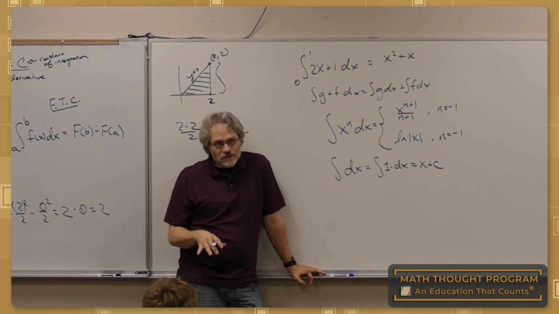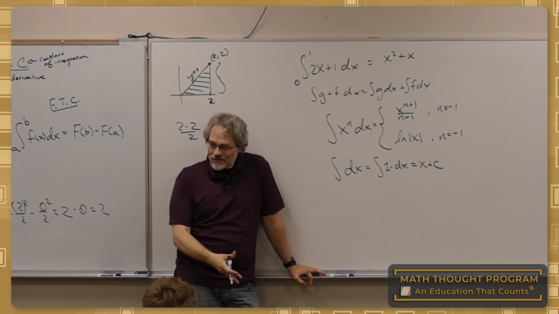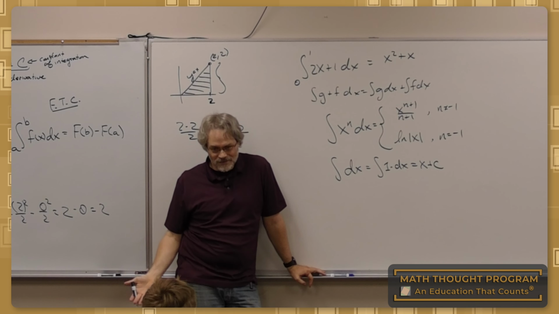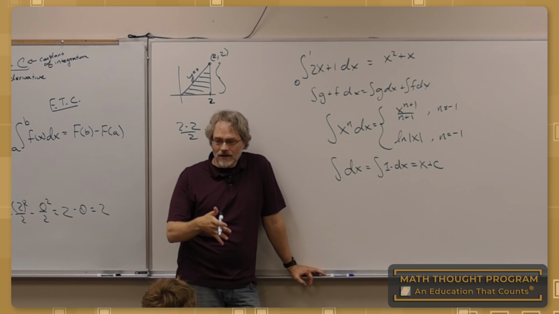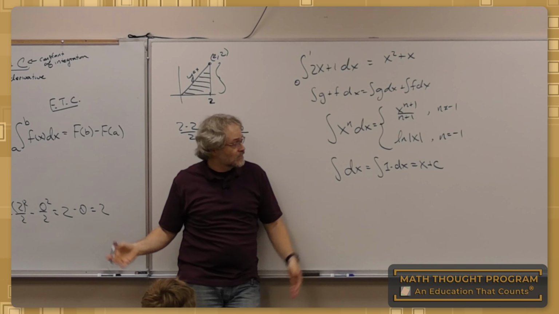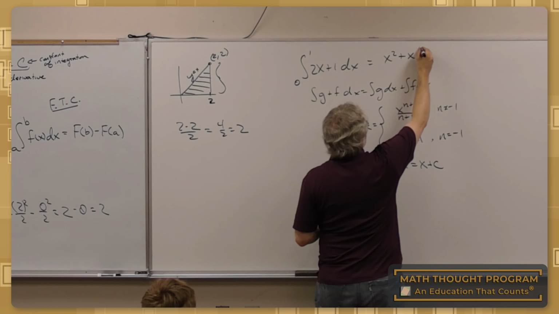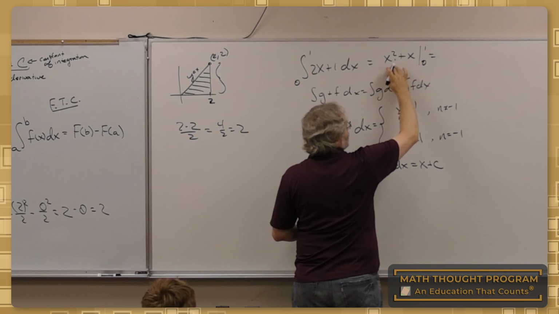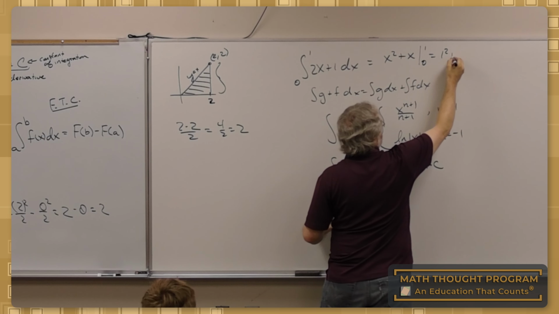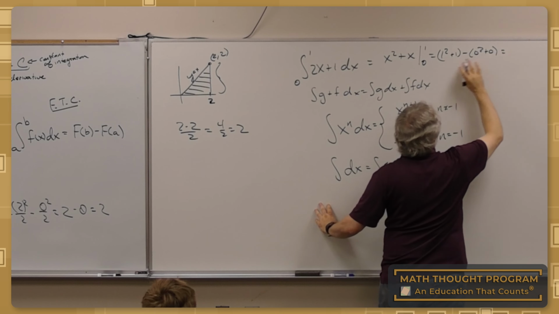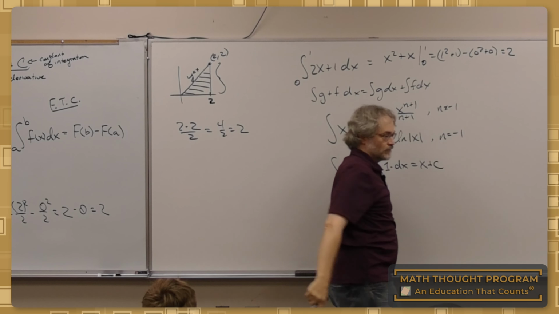Now, because we are really talking about a definite integral, not indefinite, I don't have to worry about the plus c. I only worry about the plus c when I have the whole entire indefinite case. So here I can do the evaluation from 0 to 1. Take everything, drop it in, 1 squared plus 1, subtract it off, 0 squared plus 0, and in the end we get a value of 2.